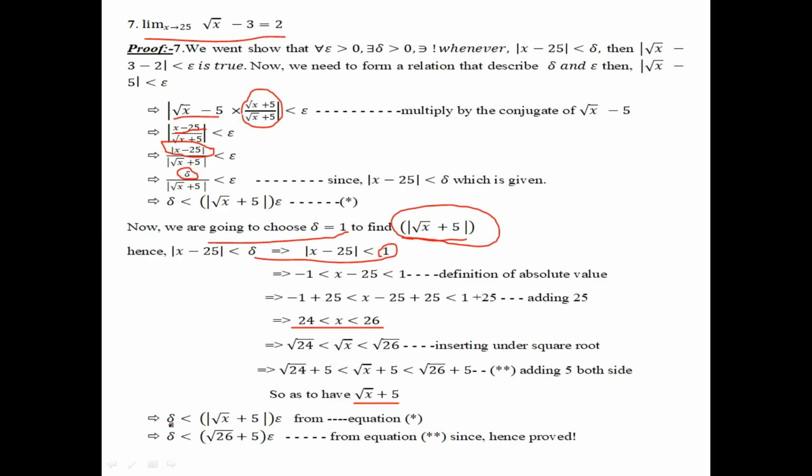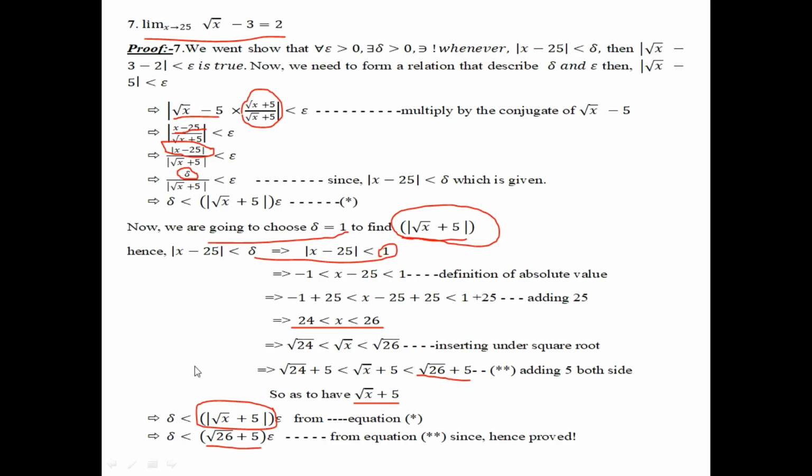Finally, this is delta less than the radical absolute value. So the lowest one we have taken for the above, this value is less than this value, so instead of this we have substituted this one. We have this one already from the start, since it is proven.